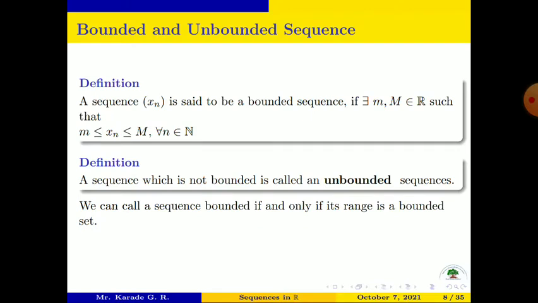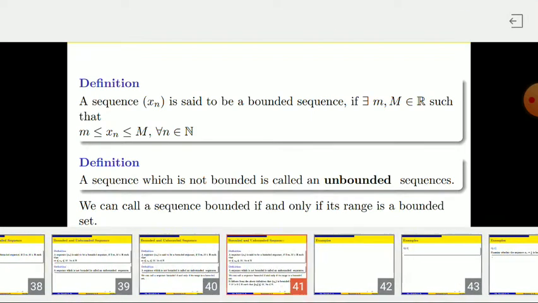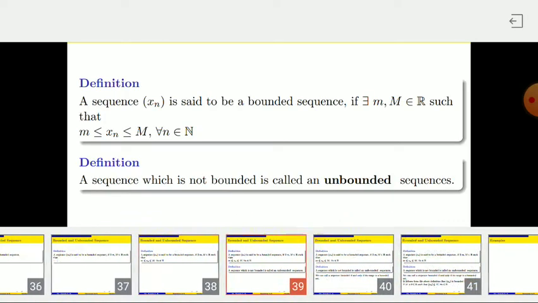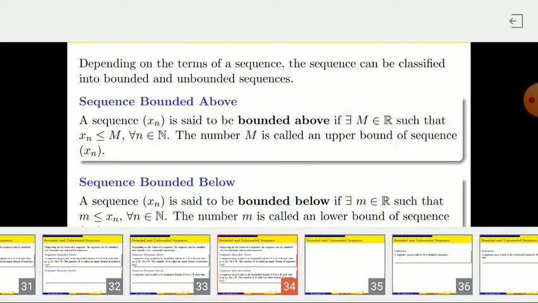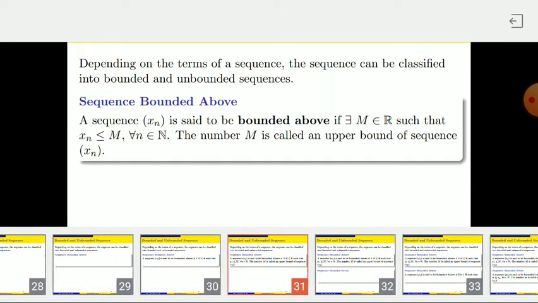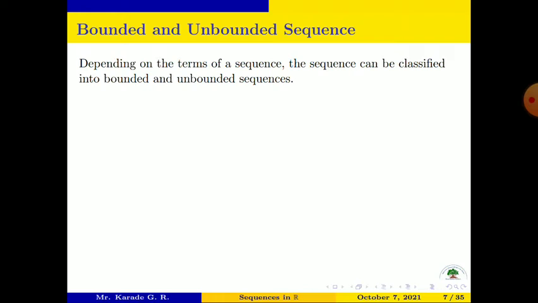Before this, we will define what is meant by a sequence which is bounded above and a sequence which is bounded below. Depending on the terms of the sequence, the sequence can be classified into bounded and unbounded sequences.